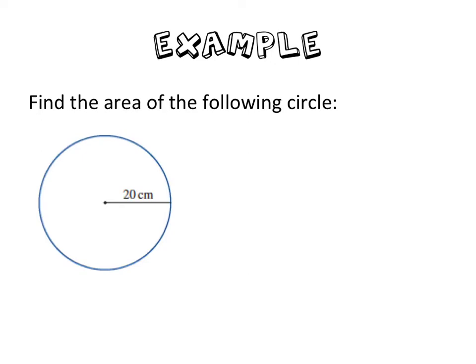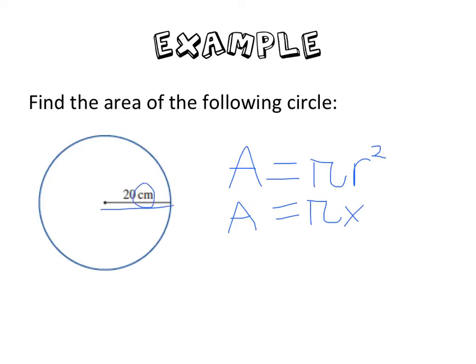Here's an example. It says find the area of the following circle, and I get given a circle. The very first thing I do is write down my formula. Area equals pi r squared. Then I substitute into that formula. Area equals pi multiplied by, my radius is 20 and it's in centimetres, a note to remember that, 20 squared.